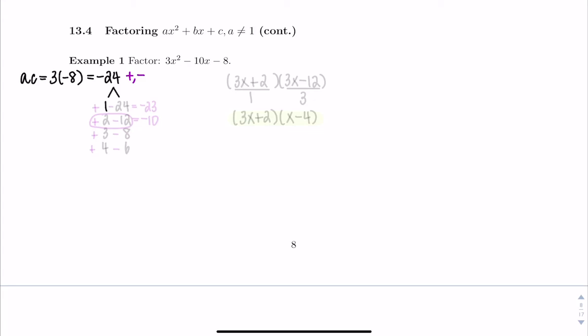Now let's write down the factors of 24. 1 and 24, 2 and 12, 3 and 8, and 4 and 6. We need to find a combo of numbers that add up to -10. So this means that the bigger number has to be negative and the smaller number is positive.